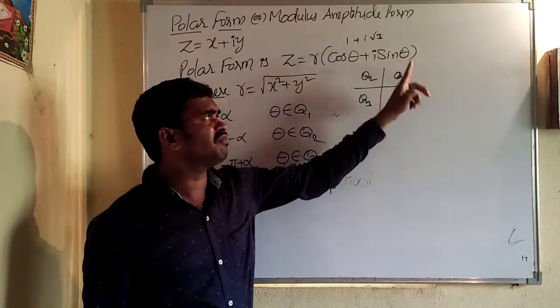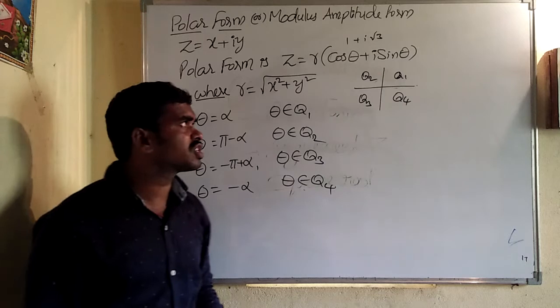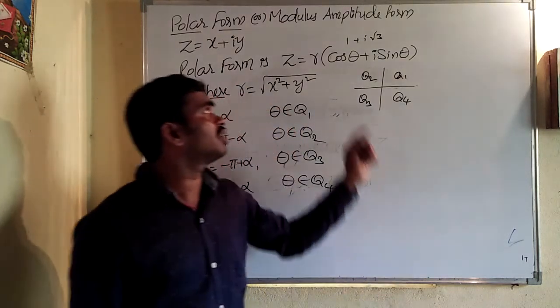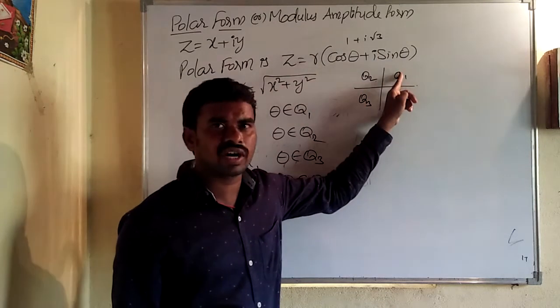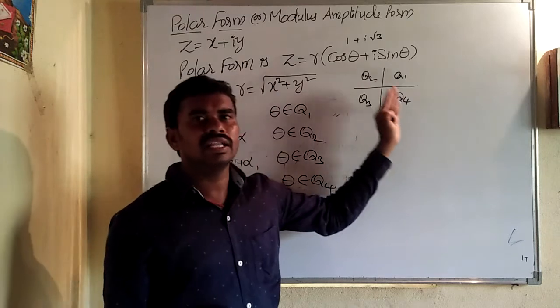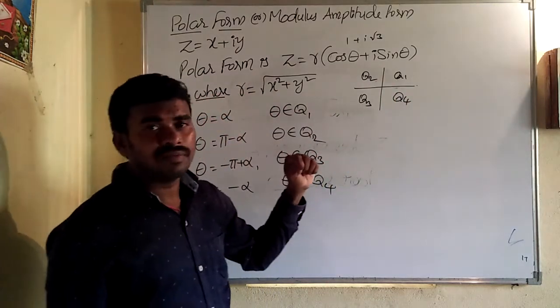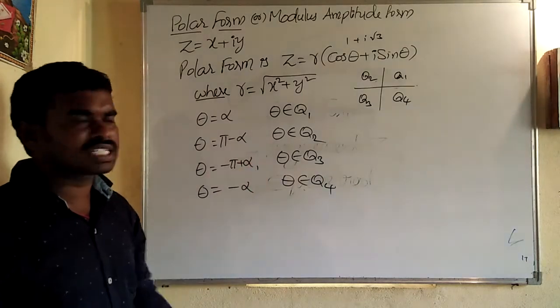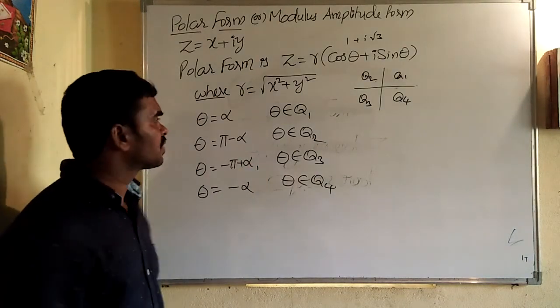Both are positive in the first quadrant. Of course, all are positive in the first quadrant, but we especially consider sin and cos in the first quadrant, in the second quadrant, and likewise in the third and fourth. I will explain this with sums so you will understand very clearly.